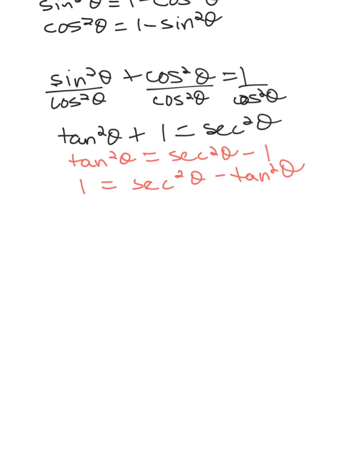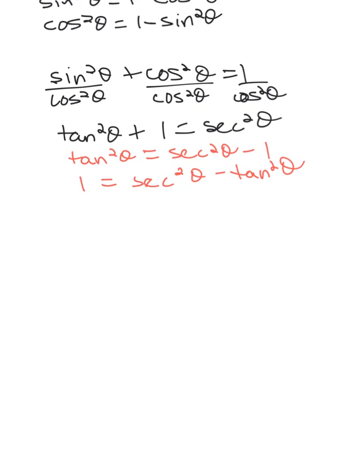Now we're going to do the same idea. We're going to go back to the original, sine squared theta plus cosine squared theta equals 1. And this time, instead of dividing all the terms by cosine squared, we're going to divide all the terms by sine squared.